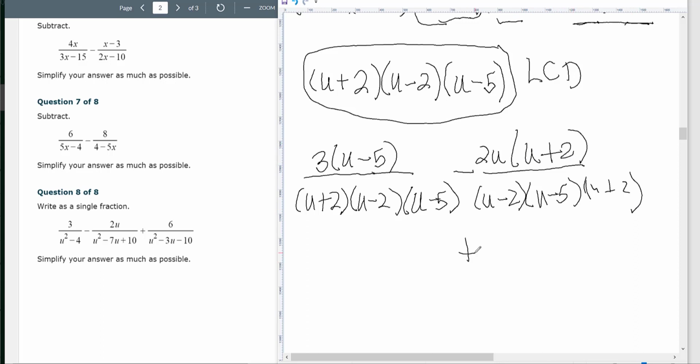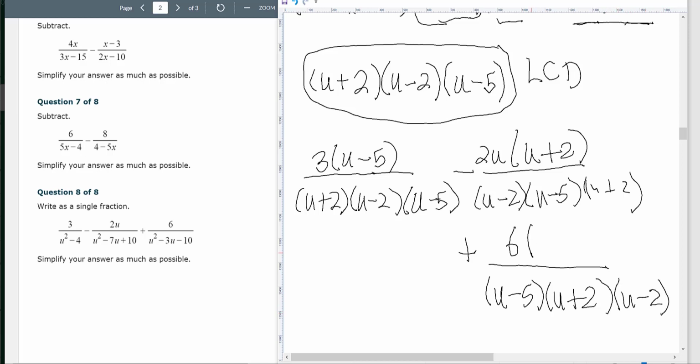Then the final fraction, there was a 6 in the numerator. The denominator had a u minus 5 and a u plus 2. And when compared to the least common denominator, there's a u minus 2 that is missing. So we put it in the denominator and in the numerator as a factor. That is, it's multiplied.